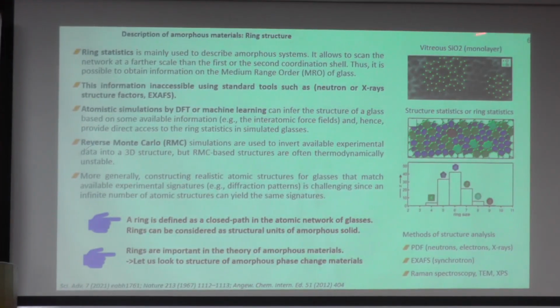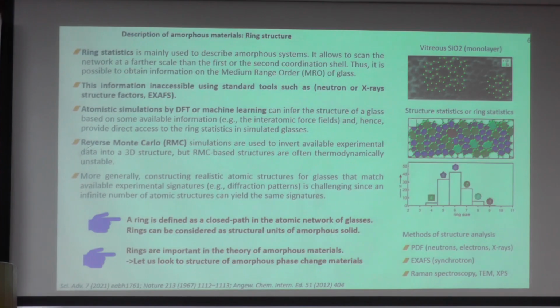And here there was very nice work on silicon dioxide. This is a famous amorphous material, and in this publication from 2021, it was found that first they prepared one monolayer of this material. It's a glass state. If you can prepare it, you can study the structure.